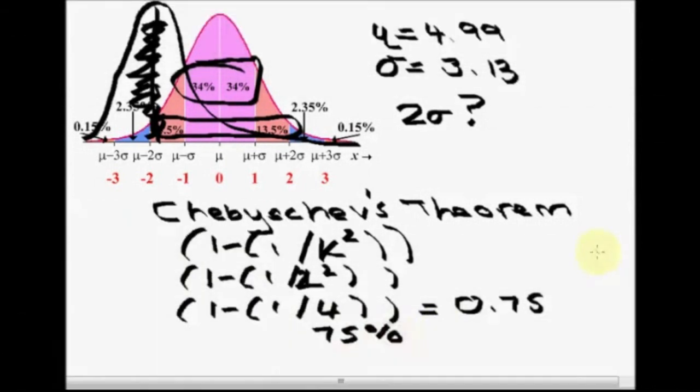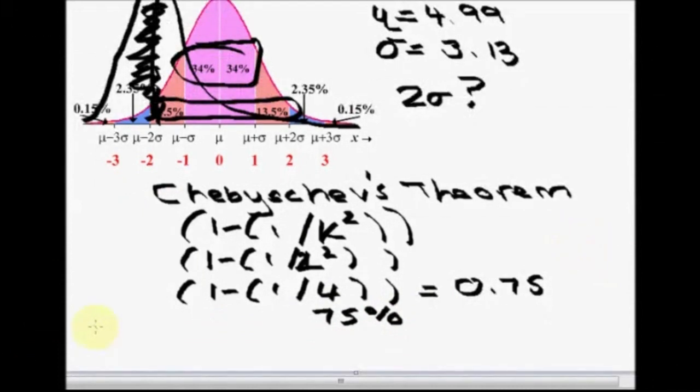A couple of notes on when Chebyshev's will not work. First of all, you can only use Chebyshev's to calculate results for standard deviations over 1. So 1 standard deviation or more. If you have less, say if you have 0.75 standard deviations from the mean, you cannot use Chebyshev's.